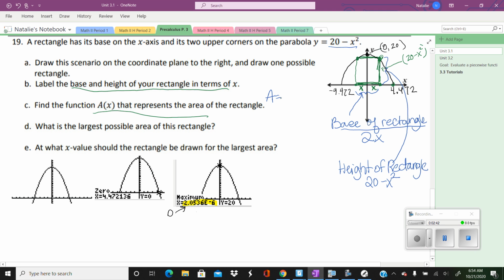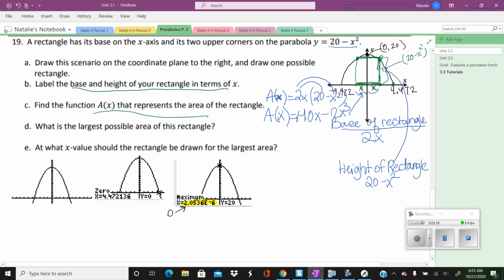A of x, because we're putting this in terms of x, equals base, which is 2x, times the height, which is 20 minus x squared. Now we're going to simplify that. 2x times 20 is 40x, and 2x times negative x squared is negative 2x cubed. So the area of this rectangle, in terms of x, is 40x minus 2x cubed.